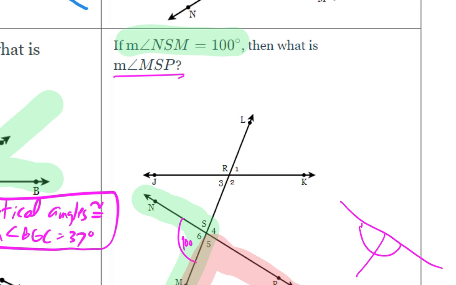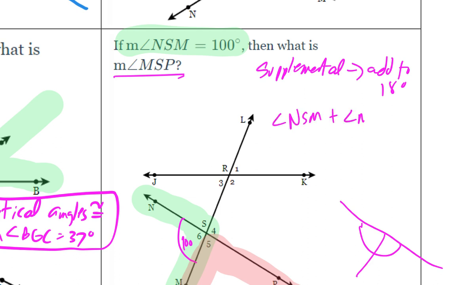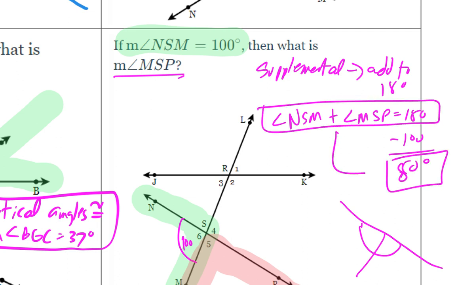So if those are supplemental, that means they add to 180. So angle NSM plus angle MSP equals 180. That means I would just do 180 minus 100, which would equal 80 degrees. Since that's true, that's our answer, 80 degrees. All right, so if you have any questions, just let me know. You got this.